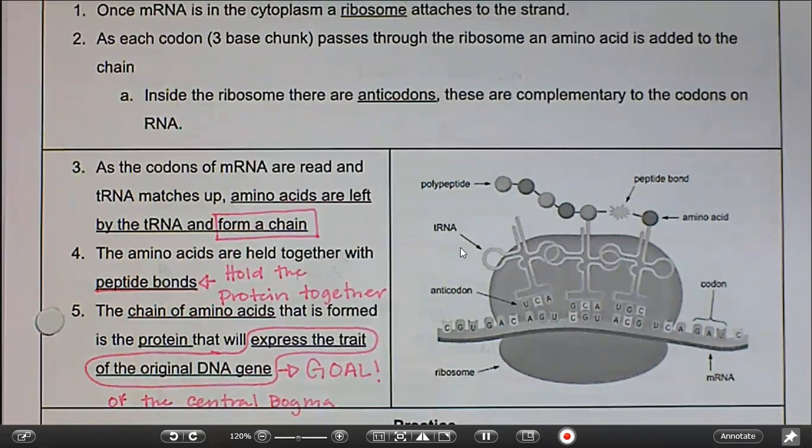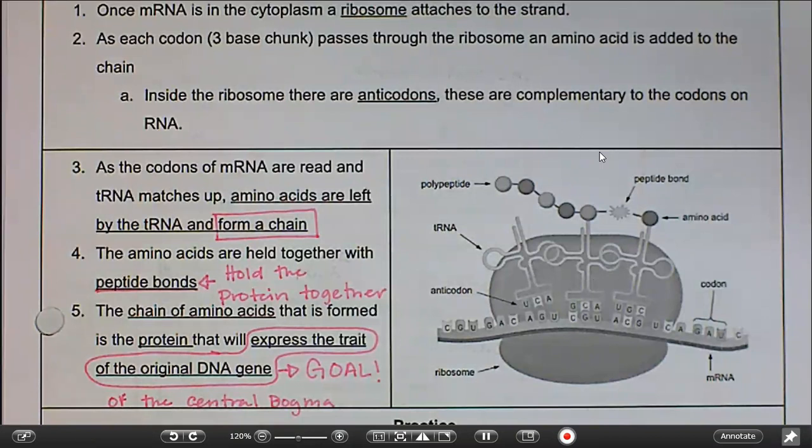As these transfer RNAs come in, they are going to build this chain of amino acids, and each code tells us a specific amino acid, and those amino acids are held together by peptide bonds. So proteins are held together by peptide bonds, P to P, protein peptide.